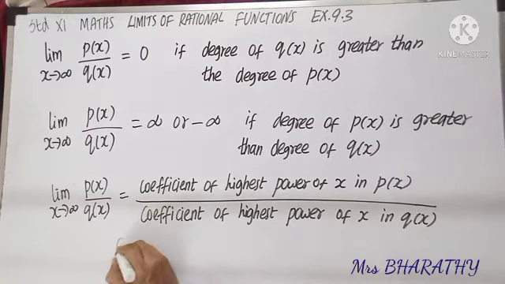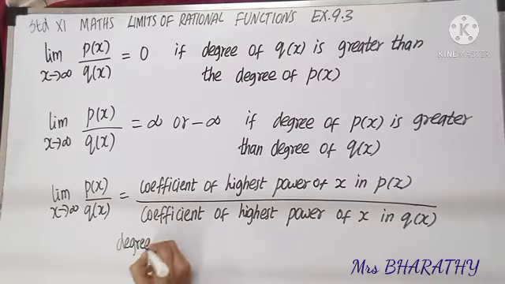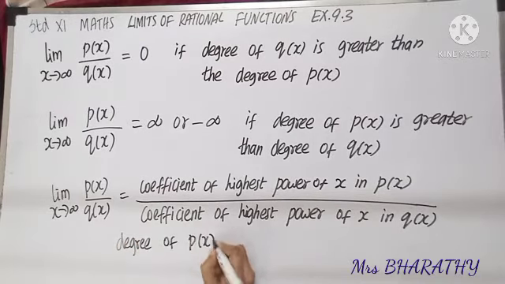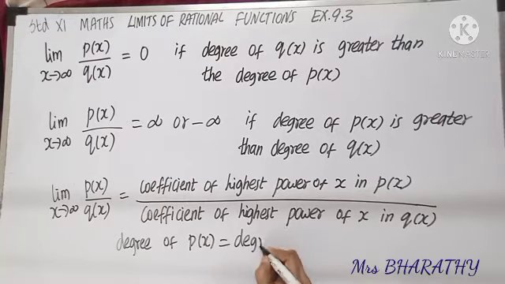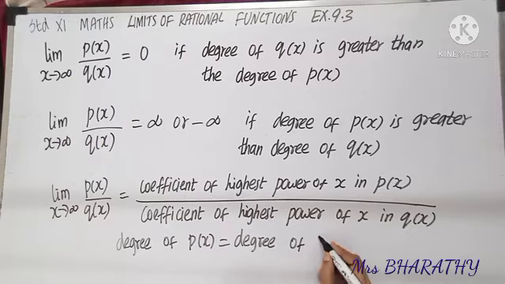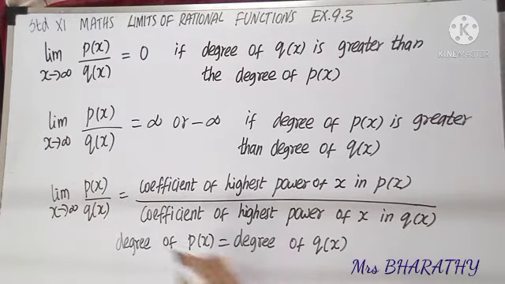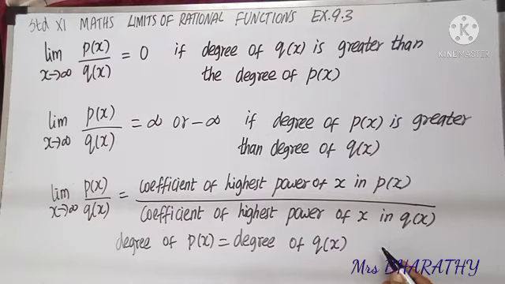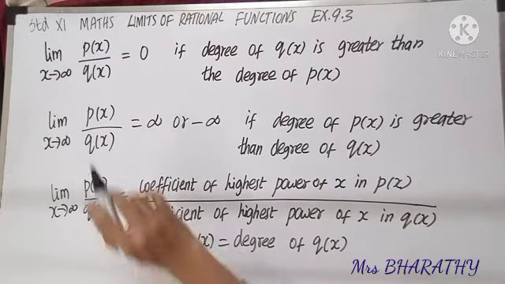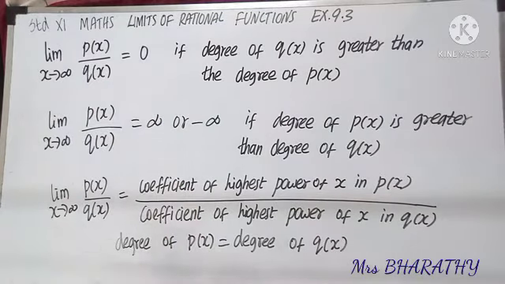Suppose the degrees of p of x and q of x are equal. Now we take the coefficient of the highest power of x in p of x, that is the numerator, divided by the coefficient of the highest power of x in the denominator. So we check the degree of numerator and denominator.